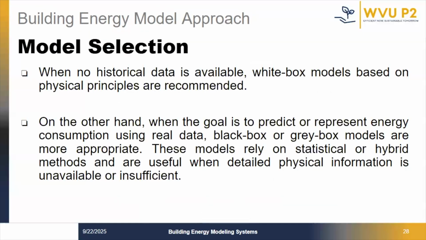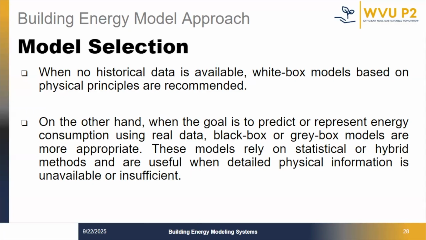So we learned about the three basic models. While selecting a model, we need to be very clear. This slide provides clear guidance on model selection based on data availability and project goals. White box models are the recommended choice when there is no historical data, as they rely solely on physical principles and building specifications.